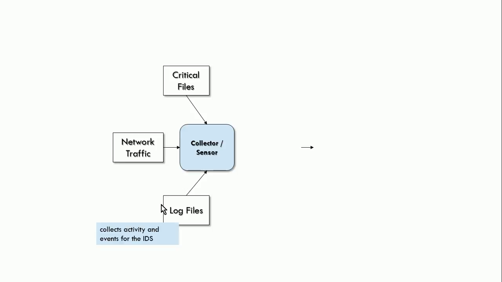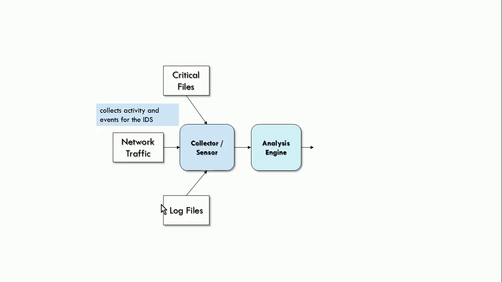An analysis engine is where all the stuff being collected by the sensor and the collector is fed. That analysis engine looks at all of it and compares it to a database of known attack patterns. It's looking at all these different things that are known to signify some kind of attack, and it's trying to alert you based on that.